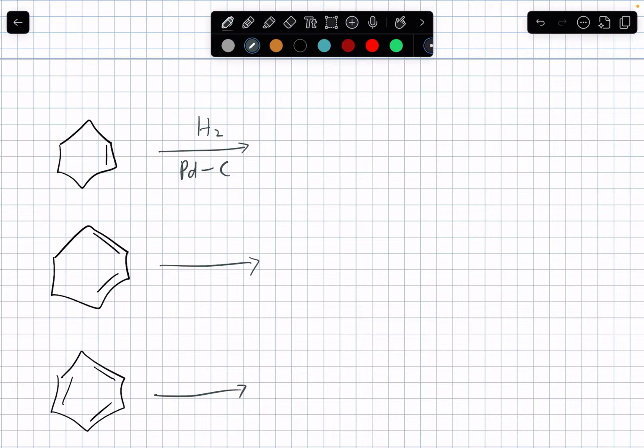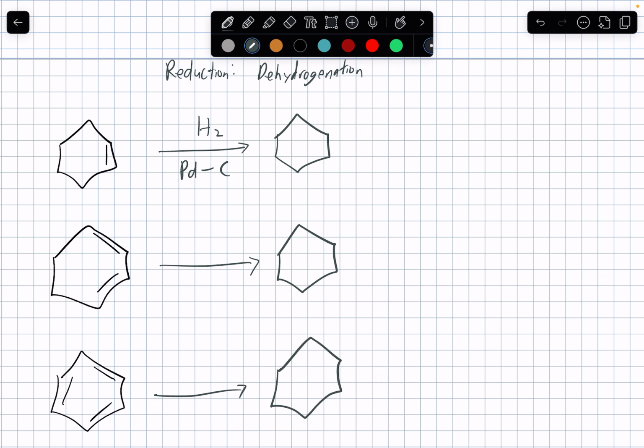We are reducing our reactant. Yeah, we are performing reduction. More specifically, dehydrogenation. So all of these end up as just a cyclohexane, I guess.